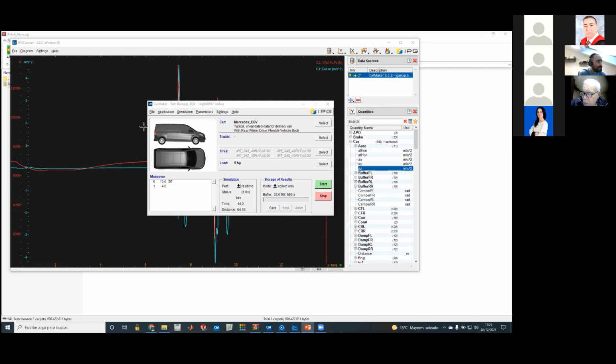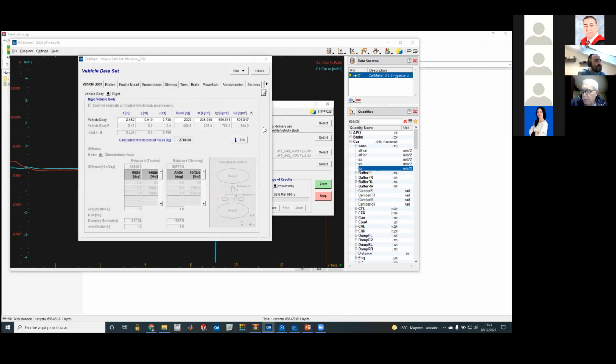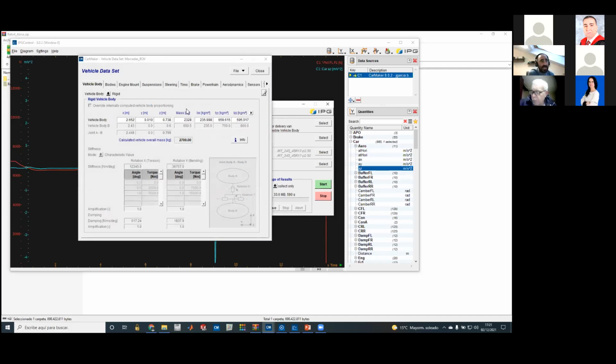In CarMaker, the vehicle we want to consider is described as a lumped parameter system where the only thing I have to do is to define, for example, the mass, stiffness, and damping properties of my vehicle.